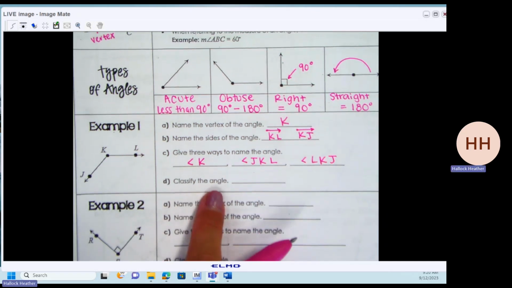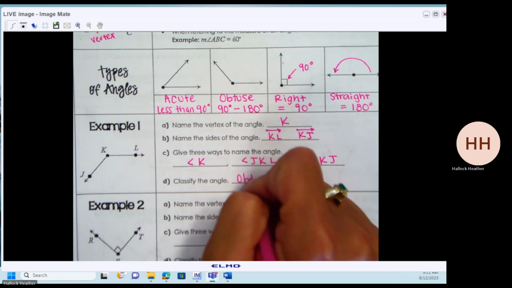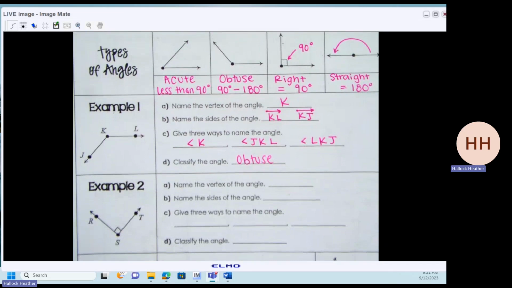And then I'm going to classify the angle, which means what type of angle is this? Obtuse. So take a minute and try to fill in the next example using the vocabulary.